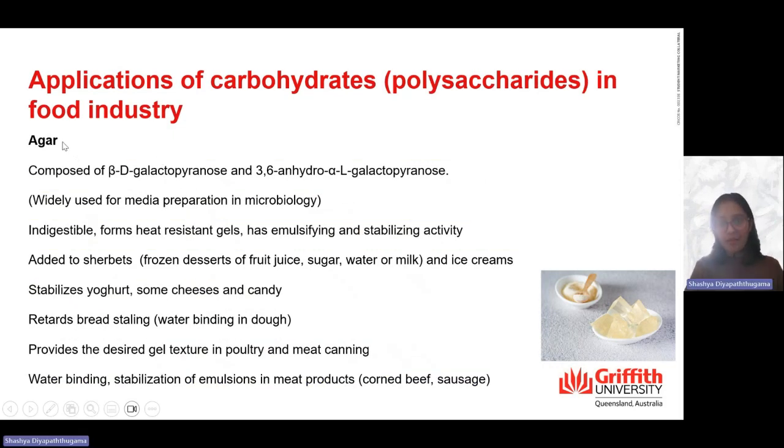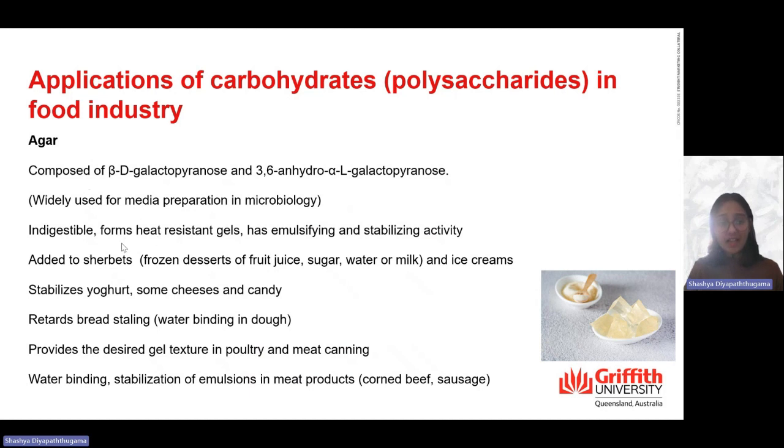Agar is the first polysaccharide, which has a wide variety of applications in the food industry. You might have heard about agar because very commonly we use agar in media preparation for microbiology. I've given that within brackets because here we are talking about food chemistry.